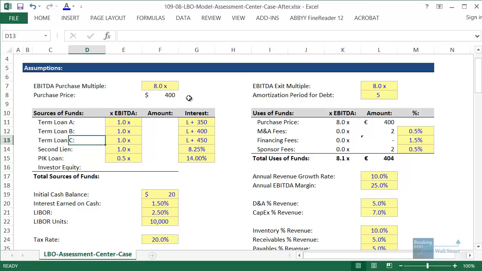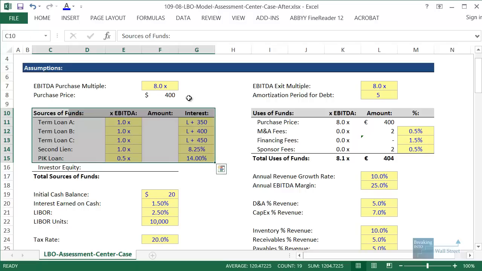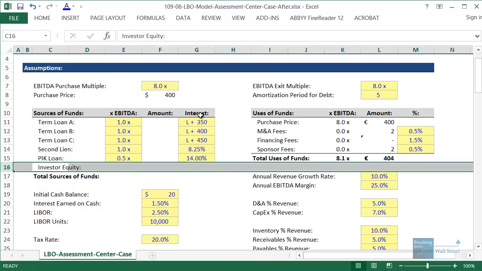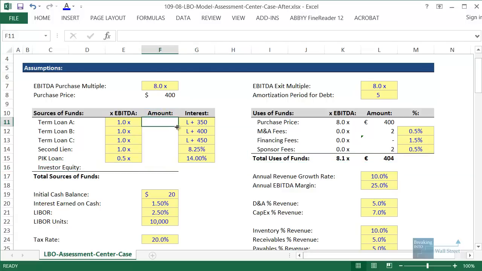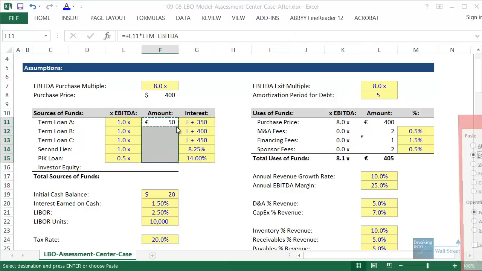Now, for the rest on the sources side, we have to look at our funding sources and then back into our investor equity based on total uses of funds minus sources so far. So to do this, let's take our term loan A right here, multiply by LTM EBITDA, copy this down.